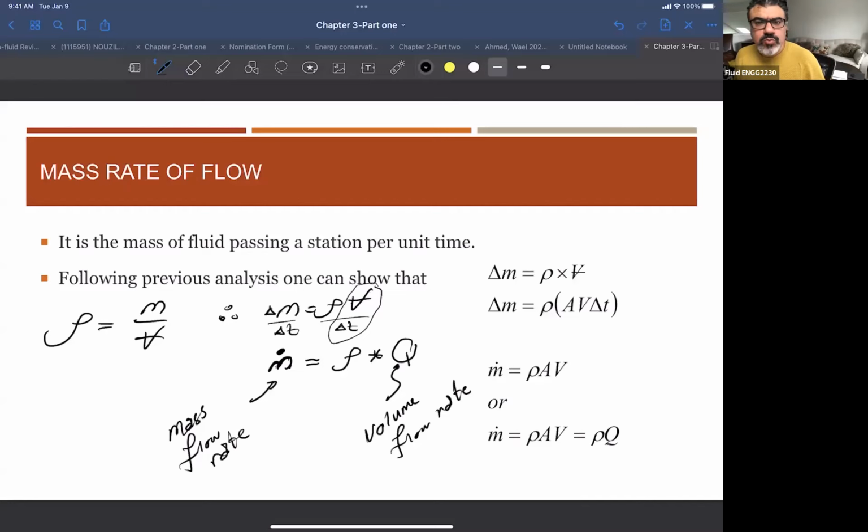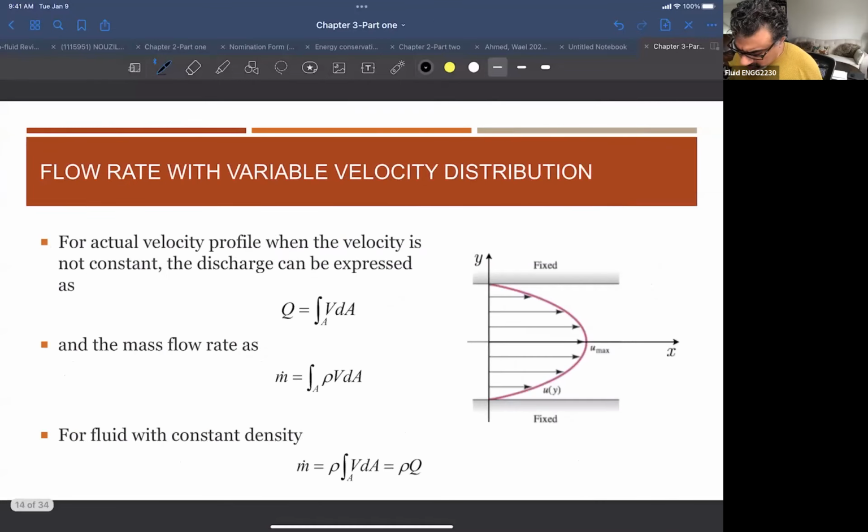If you consider the small mass is m or the small mass is delta m, that's going to be the thing, right? So those are the relations. Okay, just all these basic definitions before we actually get into this chapter. The mass flow rate here is another definition that we are interested in. Let's get into our topic for today, right?